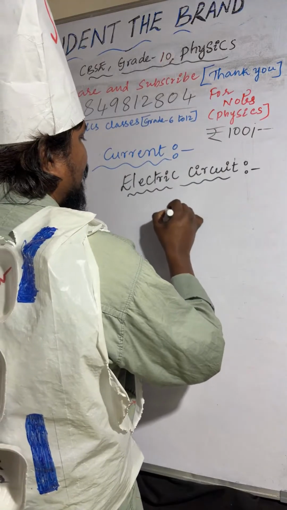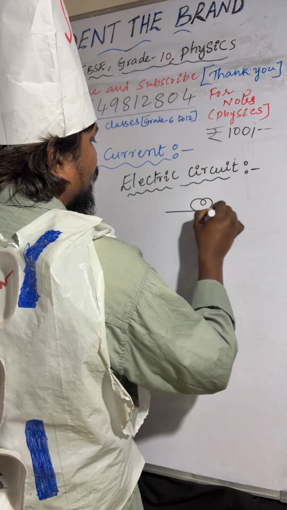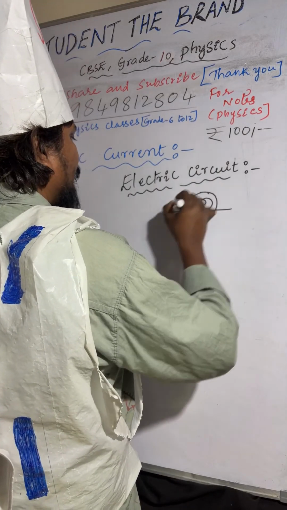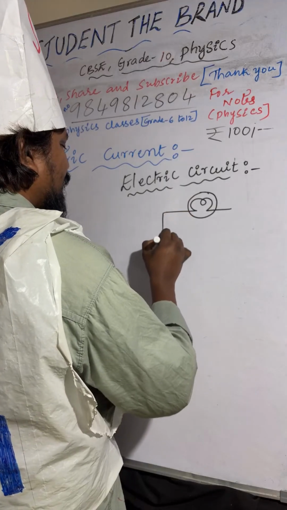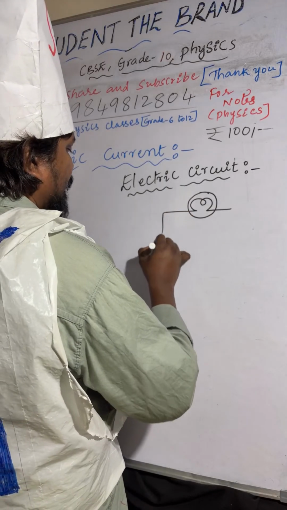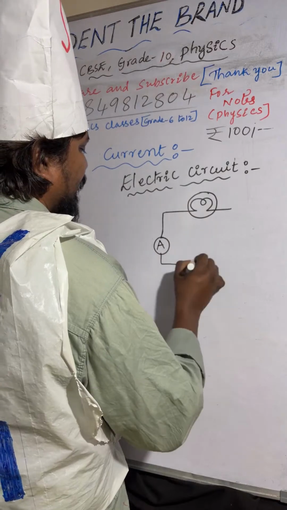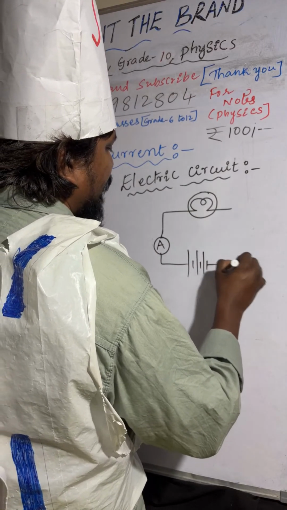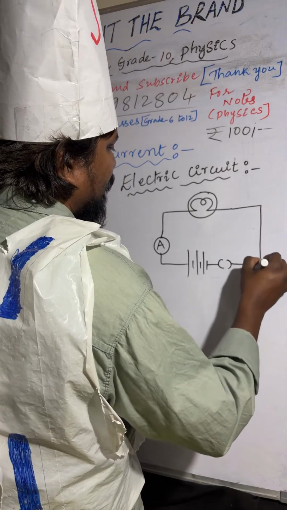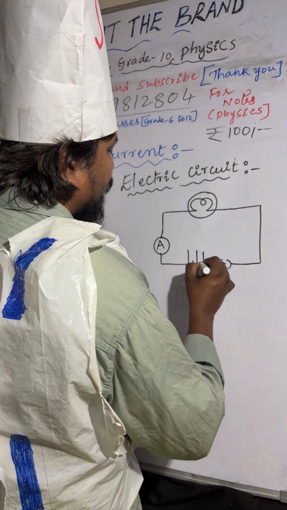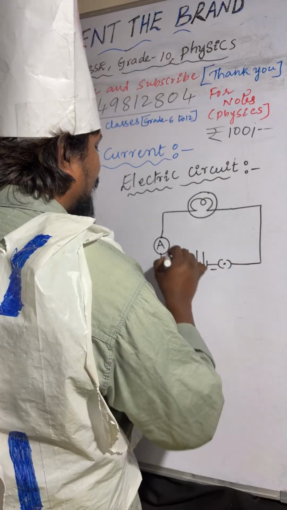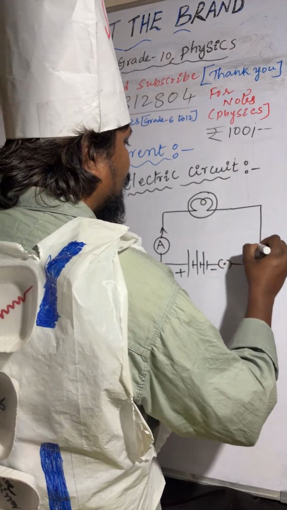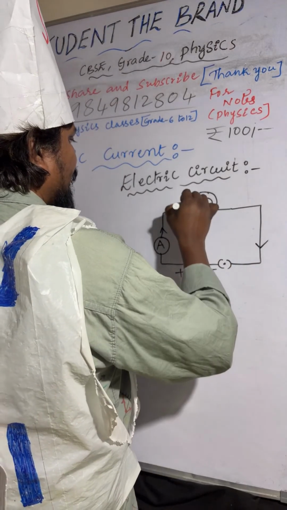So here I'm considering like this. This is the bulb, and ammeter, and the next one is the battery, next one is switch, positive terminal, negative terminal. So current is flowing.